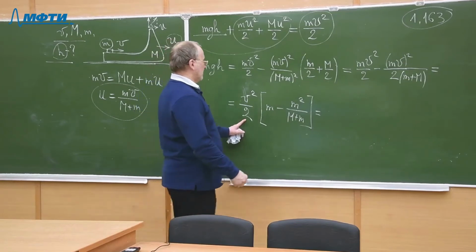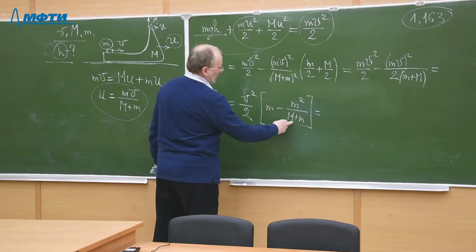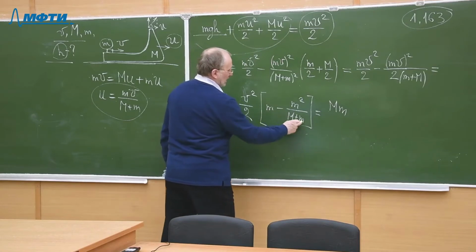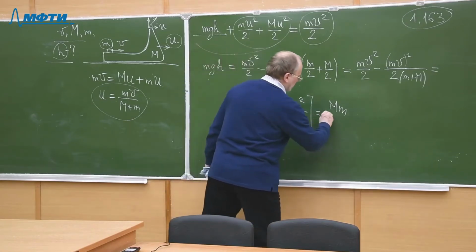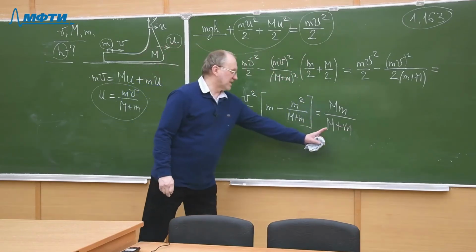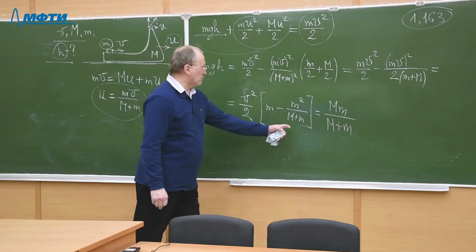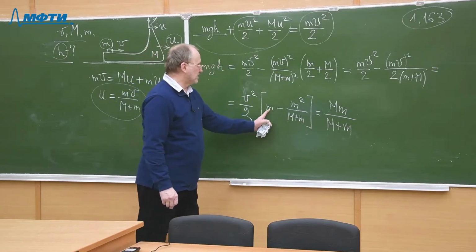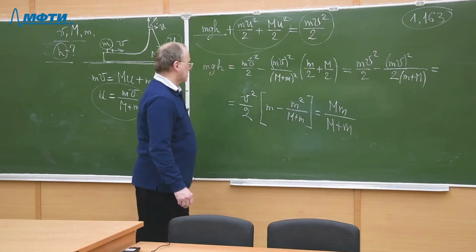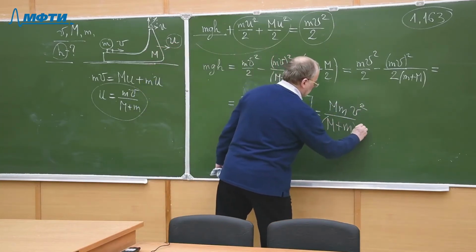When I make these calculations, I will find capital M times small m and small m squared minus small m squared, over capital M plus small m. Capital M times small m and small m squared will cancel. That's correct. And what remains here is v squared divided by 2.